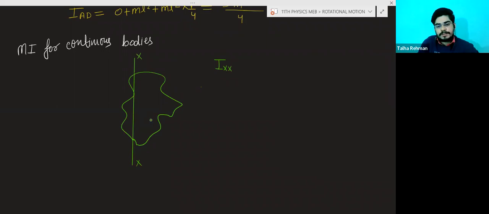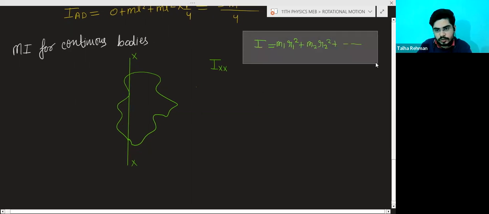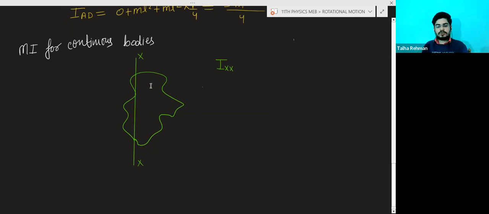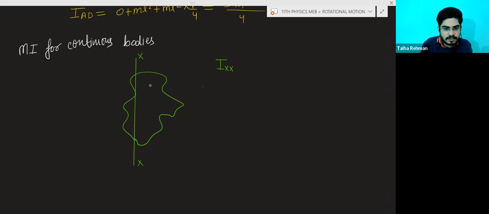Earlier, with discrete masses, you were able to find m1 into the perpendicular distance square, plus m2 into r2 square. You could do this in the earlier cases, but now this body is a continuous body. So in this case, you will take a small elemental mass of this body.